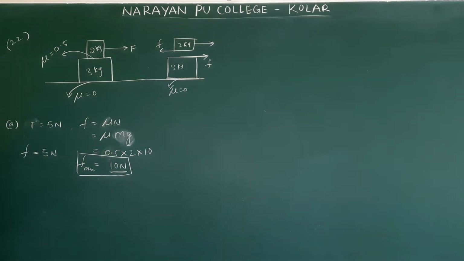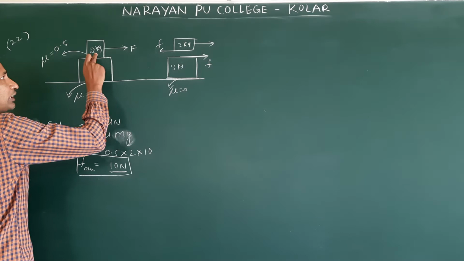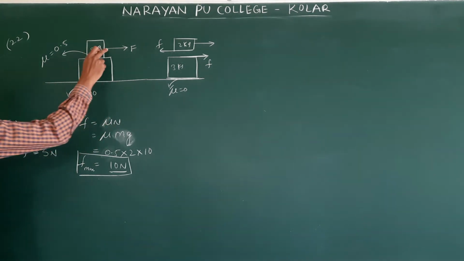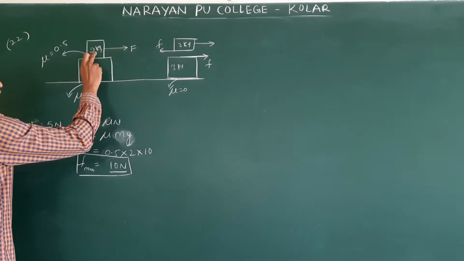Right? So 5 newtons is the friction. Then the applied force is less than the maximum friction, so the above 2 kg object will not move. Understand? So when we apply the force, this object will not move.